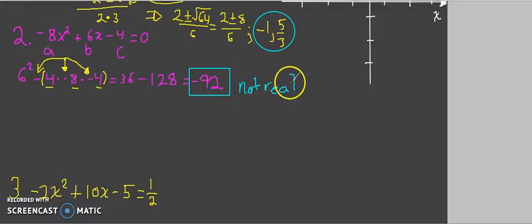You see that it's negative, you don't have to go on. In fact, at this step right here, when I saw how many negatives there were, I could almost stop there, because I could see that 36 is smaller than 128, and that this would be a negative number.